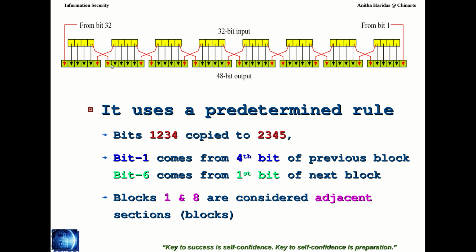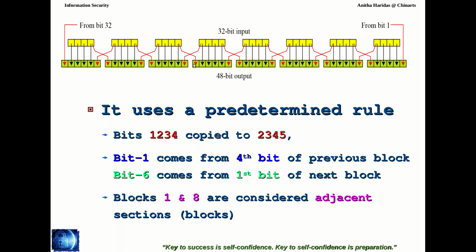Then bit 1 of the 6 bit chunk comes from the 4th bit of the previous block, and bit 6 comes from the first bit of the next block.